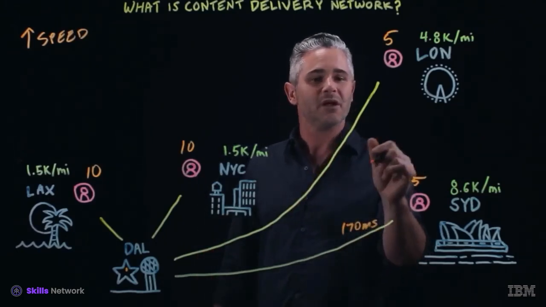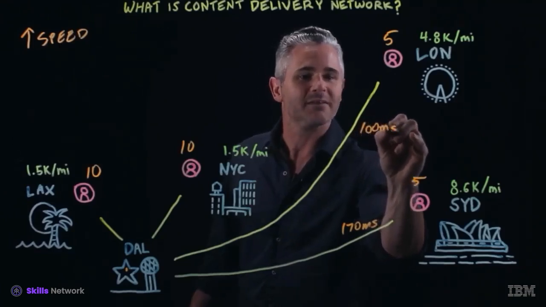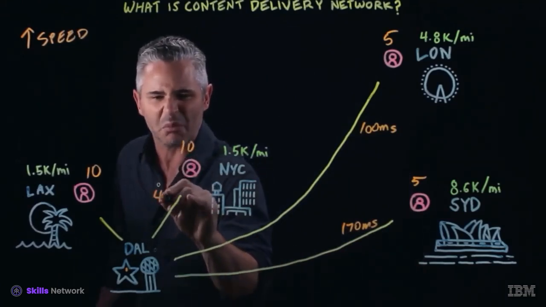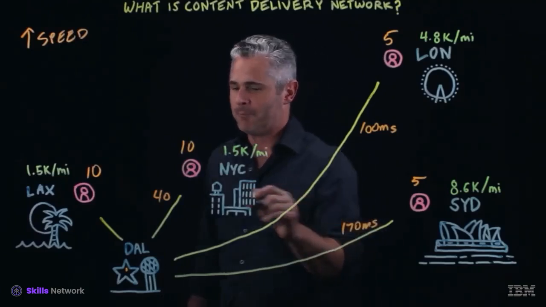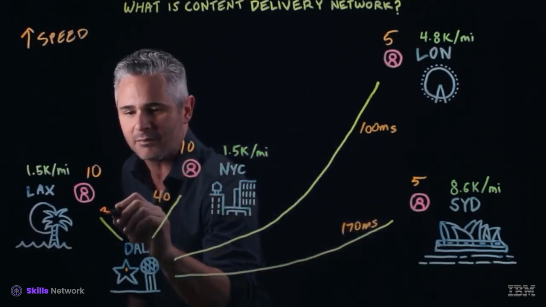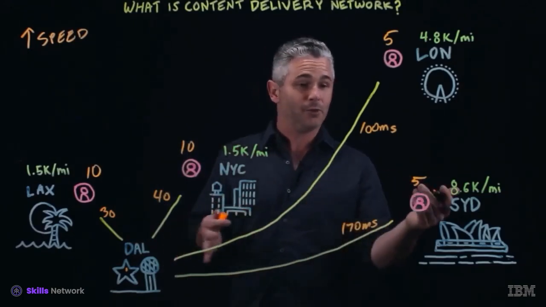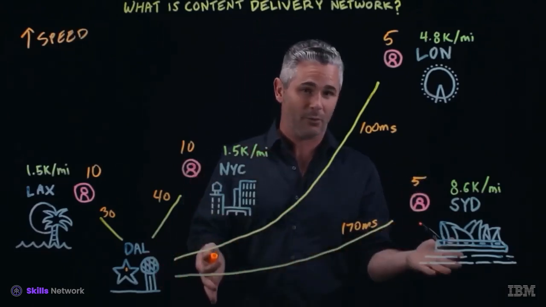For our users up in London, that might be about 100 milliseconds. Our users in New York City can probably experience about a 40 millisecond round trip time, and over in LA, about 30. So as you can see, the further you're away, the longer it takes, ultimately, the slower the website will be for you.